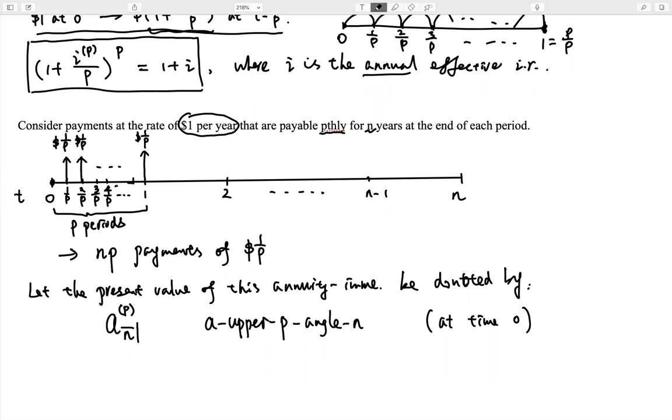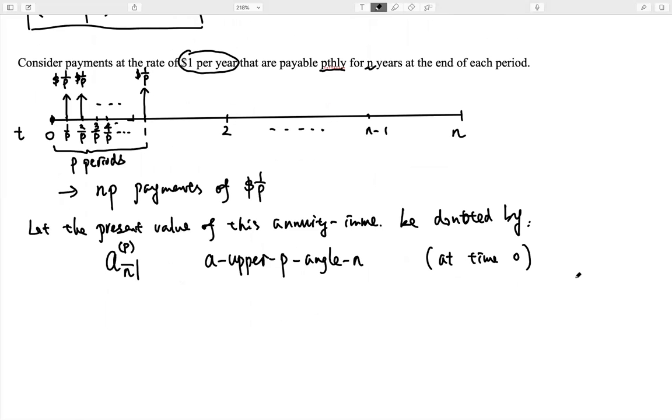So now let's do the analysis, right? What I usually do is, I have already done my first step, which is to draw a timeline, and I label the time and label the payments to help me understand the payment series. In the second step, I write the complete series. For instance, this is my first payment.